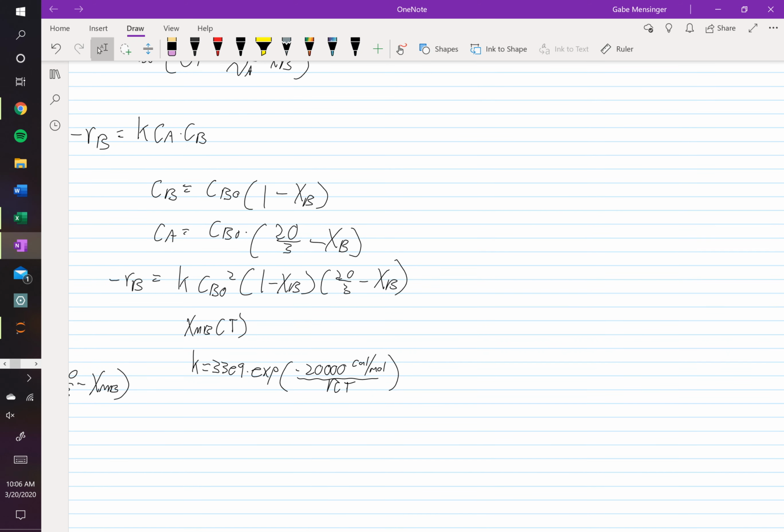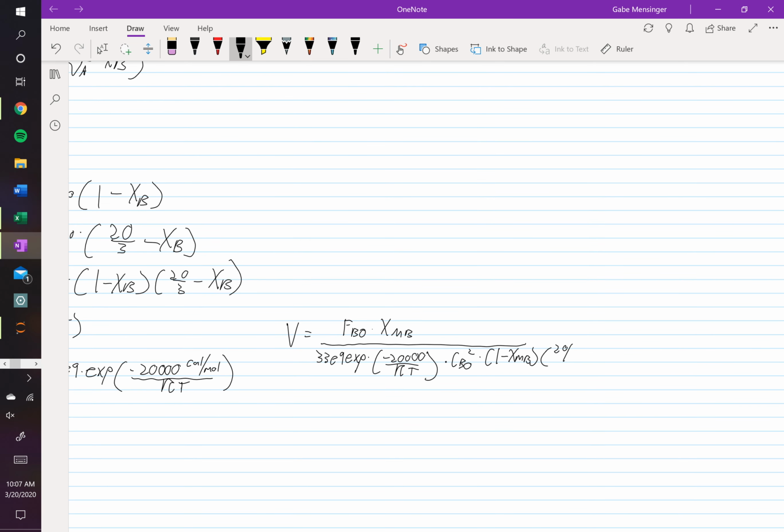So now we can rewrite it so that V is equal to FB naught times XMB over our expression for K, 20,000 for RT, one minus XMB times 20 over 3 minus XMB.